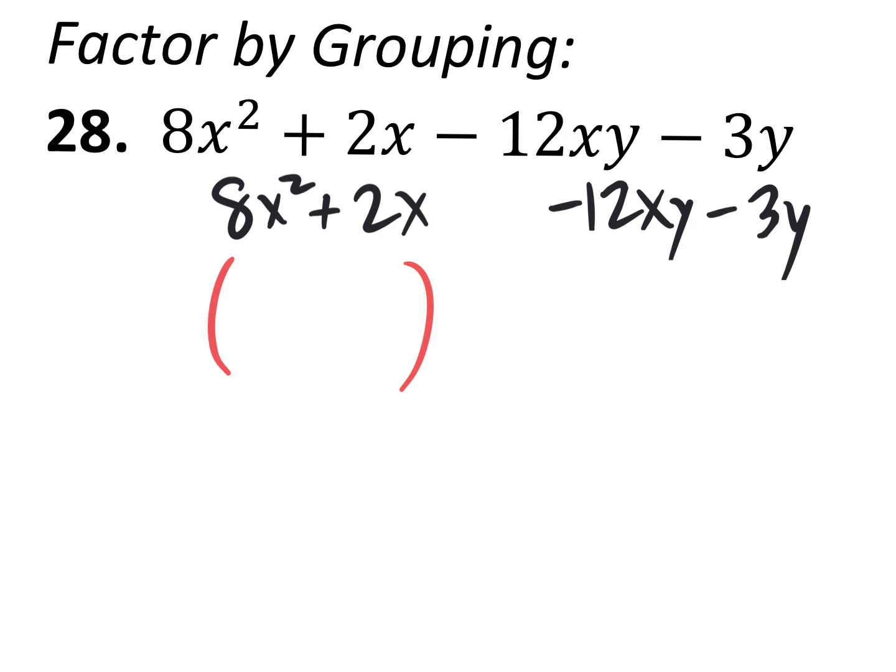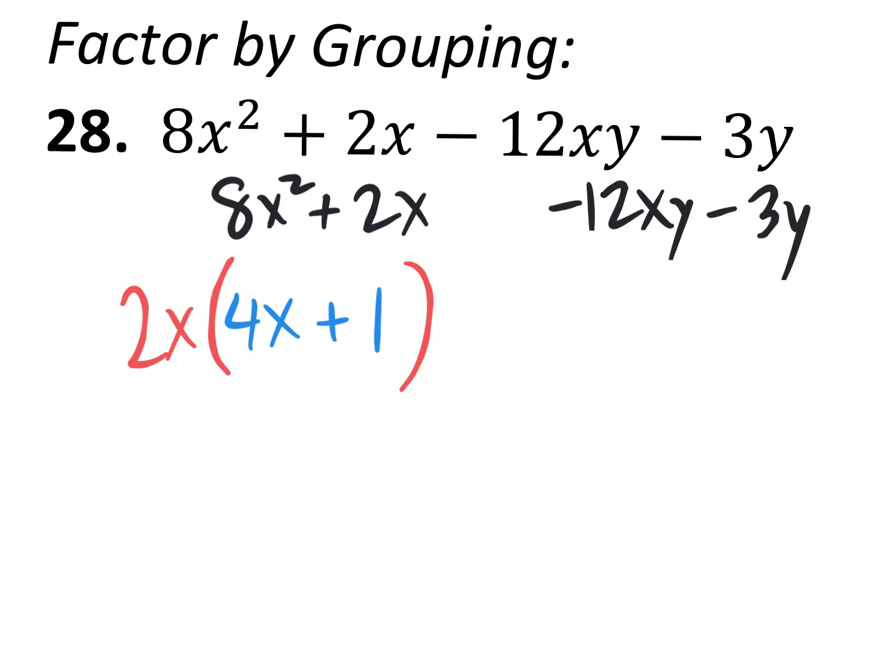A 2 and an x. So since you pulled out the 2x, 2x times what would get you back to 8x squared? That will be a 4x, because 2 times 4 is 8, and x times x is the x squared. And then 2x times what will get you back to 2x? Well, it's already a 2x, so put a 1 right there, because 2x times positive 1 will stay 2x.